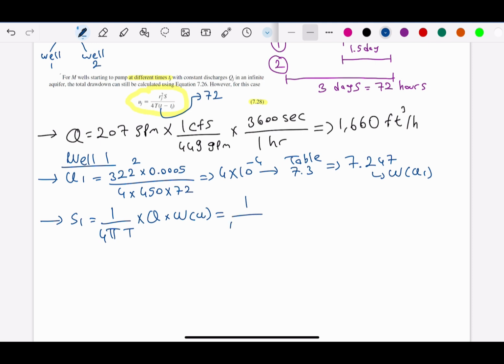And it is 4 pi times 450, times 1660, times the well function, which gives 2.13 feet.